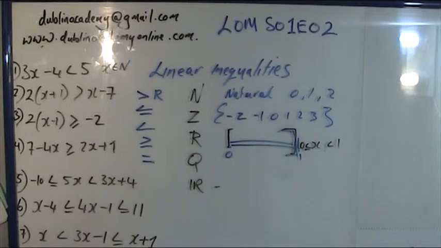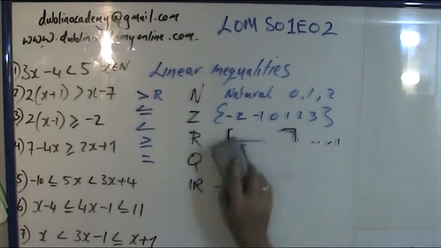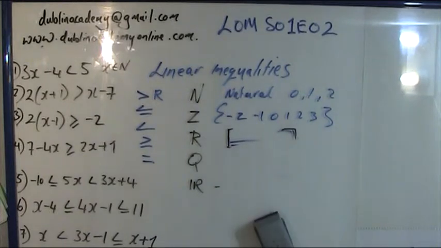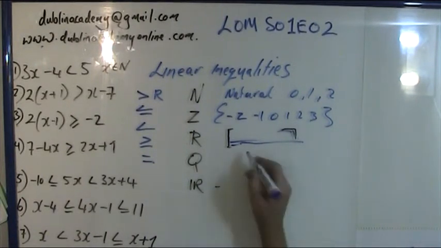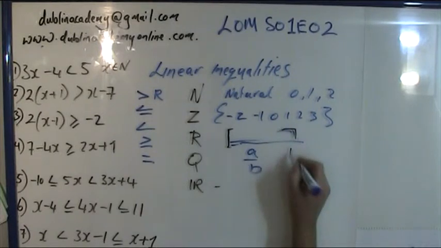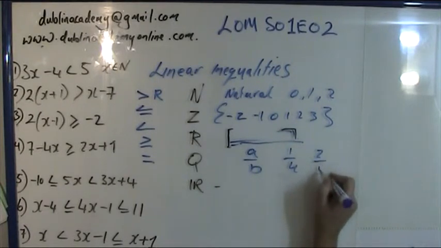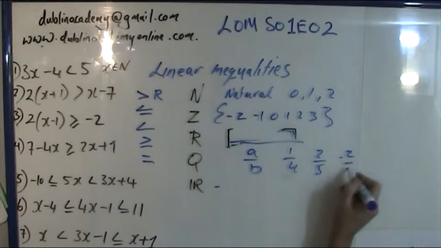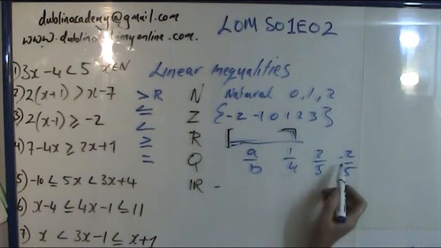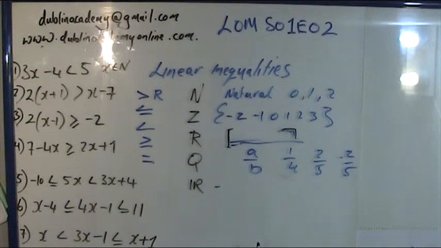Moving along, so that's rational numbers. Q is a fraction, anything that can be formed in that form. For example, there you are. But don't forget the minus goes on the top numeral always. Irrational number is the next one, and that is anything in the form of a square root or a root sign.